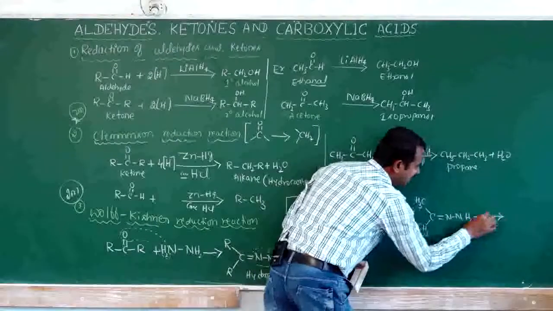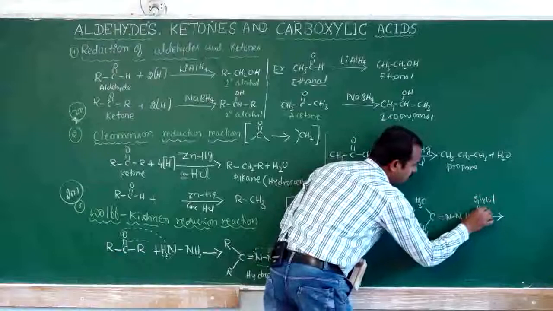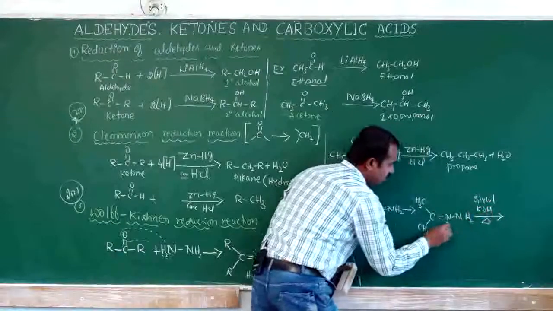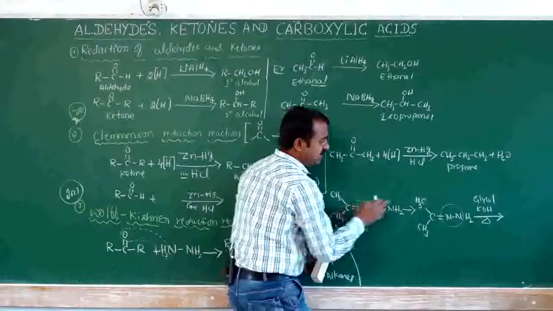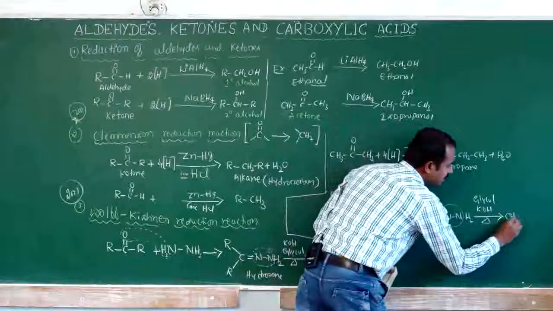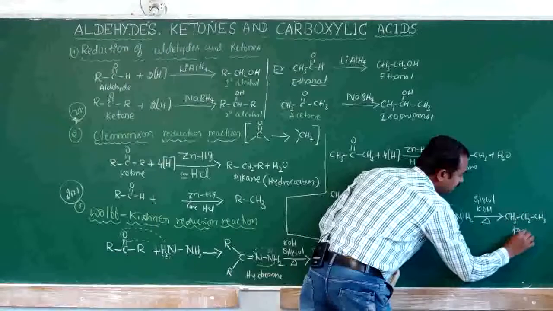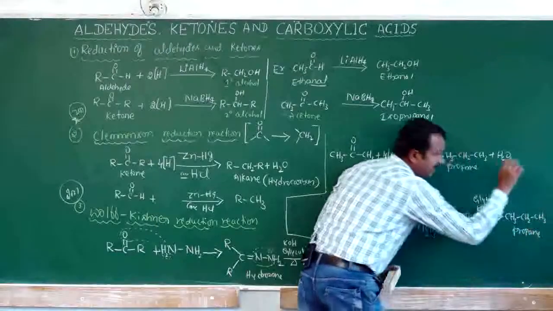It is heated with ethylene glycol and potassium hydroxide. Nitrogen is released, giving CH3 CH2 CH3. The name is propane.